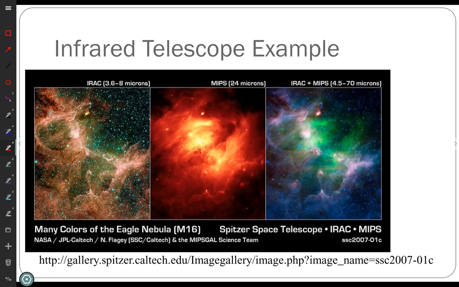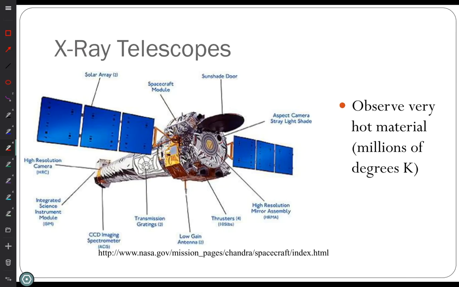Here you see in the mid-range infrared, a lot of gas. And then here it's put together so you can see the detail is pinkish and the gas is greenish. So they put the information together using different colors so you can see different parts of the detail in one picture. So these are all pictures of the same Eagle Nebula taken by the Spitzer Space Telescope.